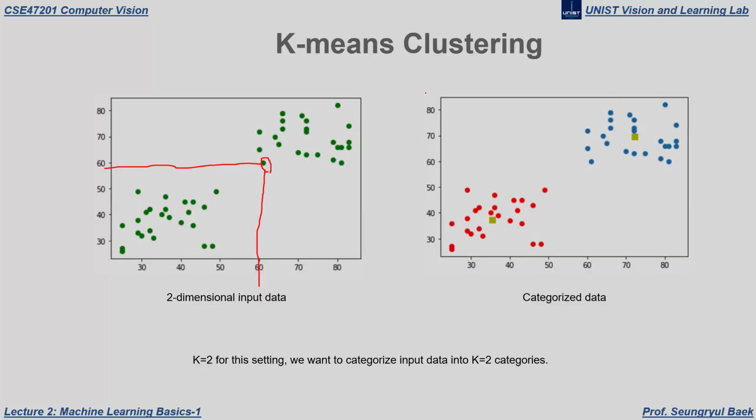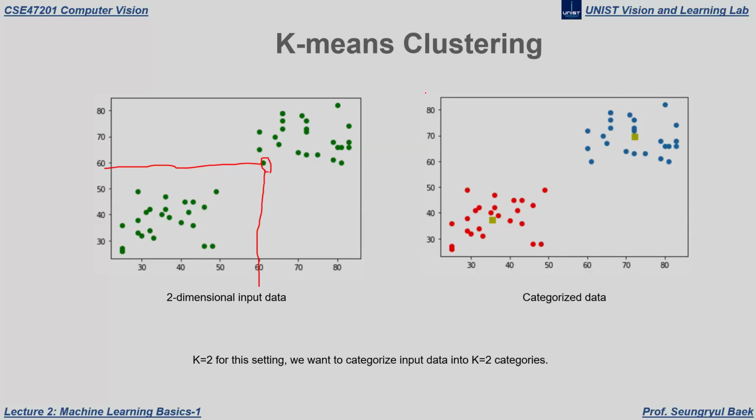Because in the blue dots, the X values are similar to each other, okay?